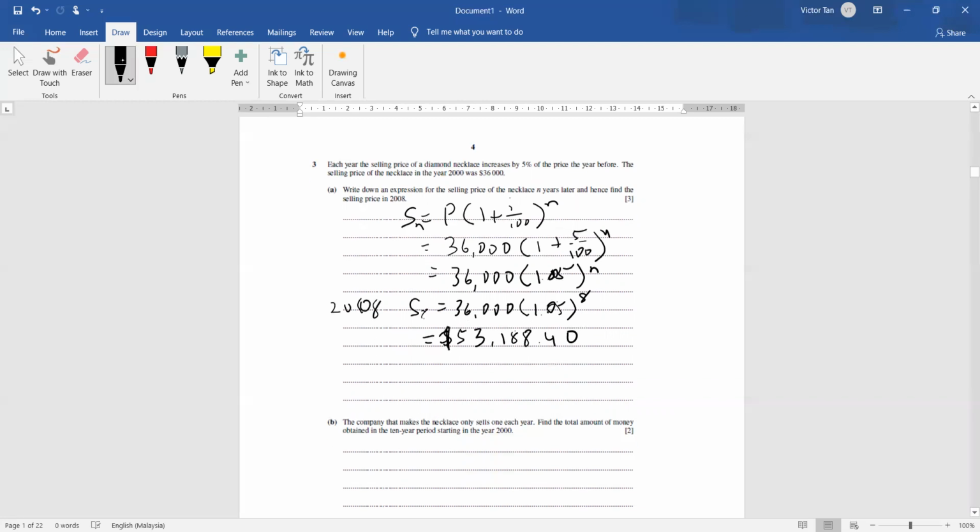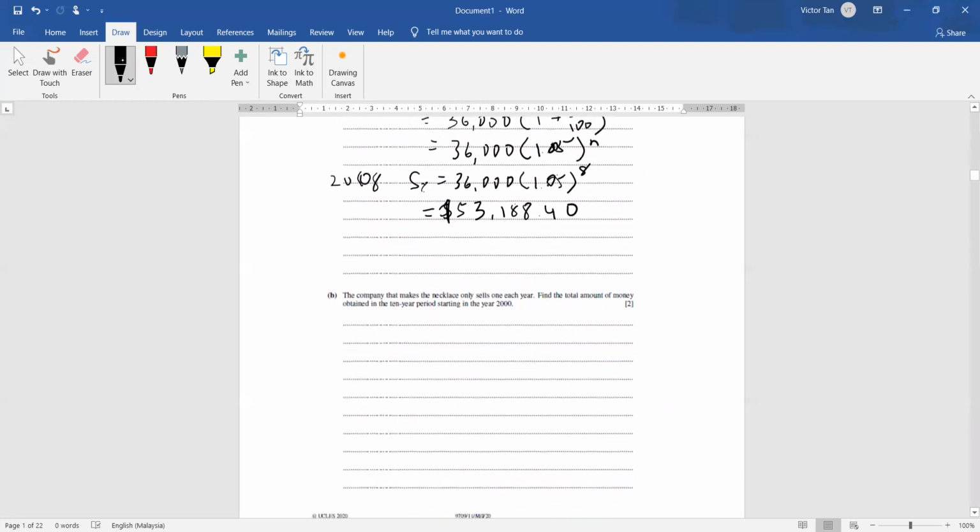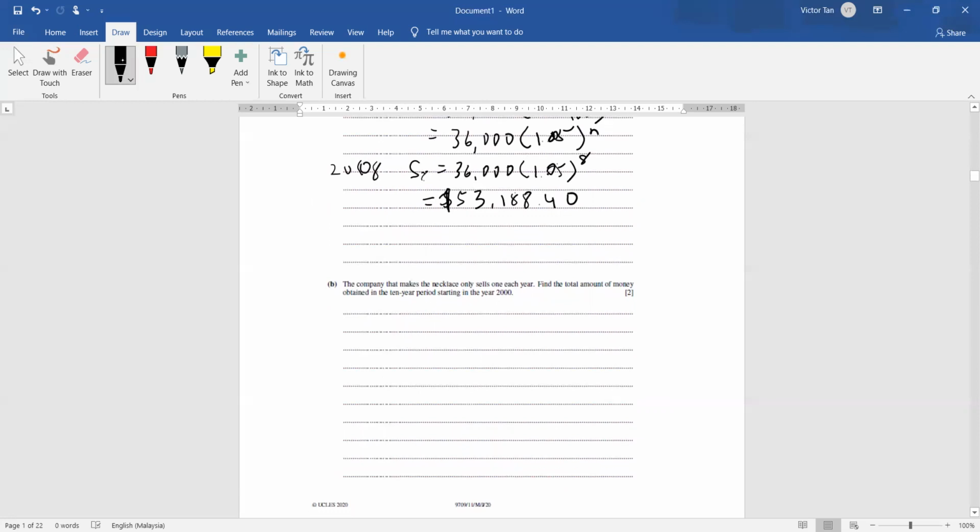Okay. The company that makes the necklace only sells one each year. Find the total amount of money obtained in the 10-year period starting in the year 2000. This is a geometric series then. So the first term is 36,000, until T10, the selling price is 36,000 times 1.05 to the power of 10.